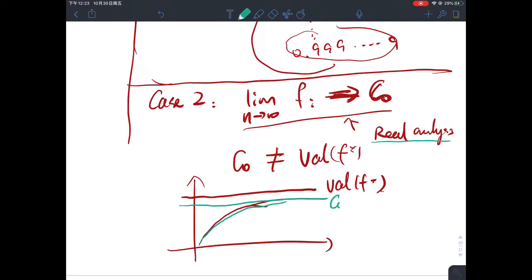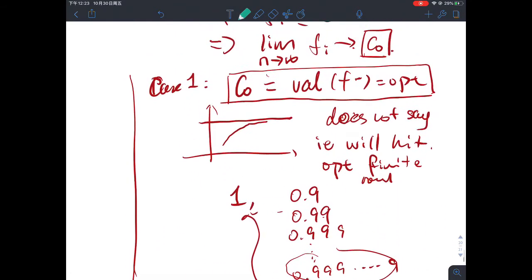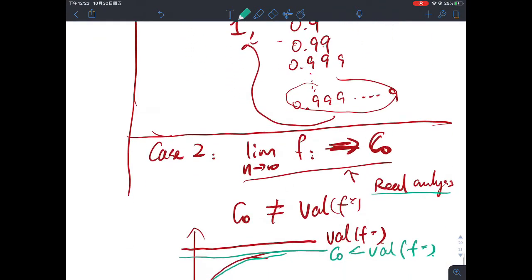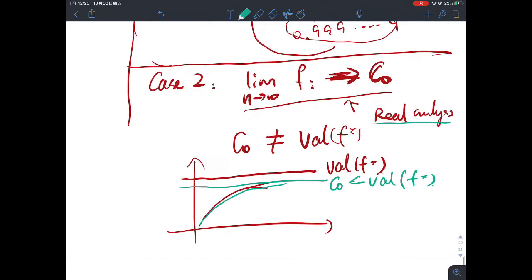The ceiling is C0, but it's possible C0 is still smaller than the value of f. Both cases are pretty nasty, because it's hopeless to wait for the algorithm to terminate. But there could be an even nastier case where the convergence point is different from the optimum point. This is the implication when the network could have irrational capacity.